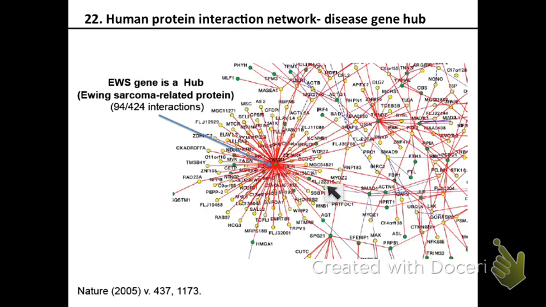That is, it looked scale-free. The essential genes were correlating with the number of interactions they have. And one example here is a gene encoding a protein that has a very high number of physical interactions, and that turns out to be the Ewing sarcoma-related protein, the EWS gene, right?